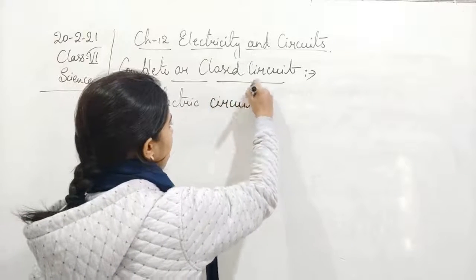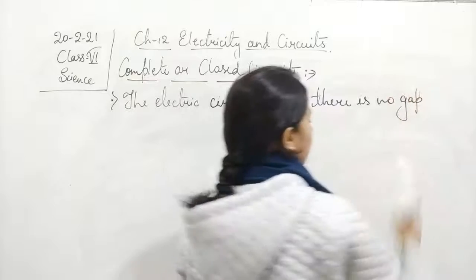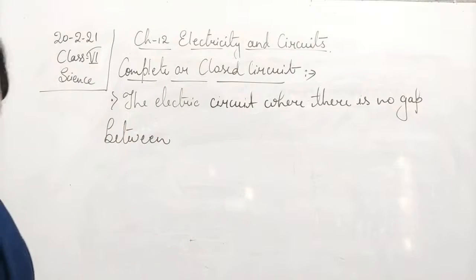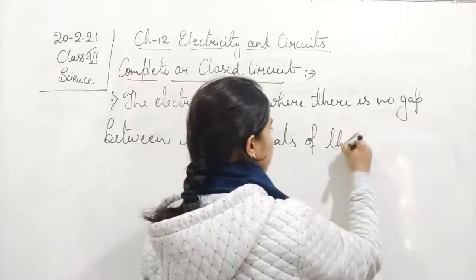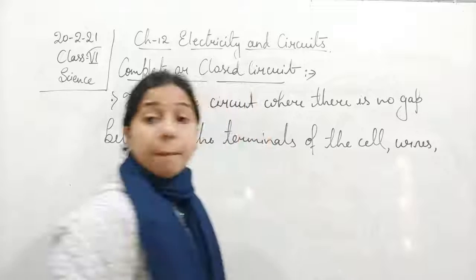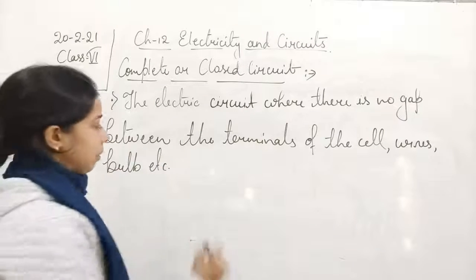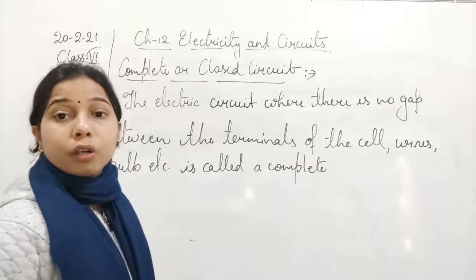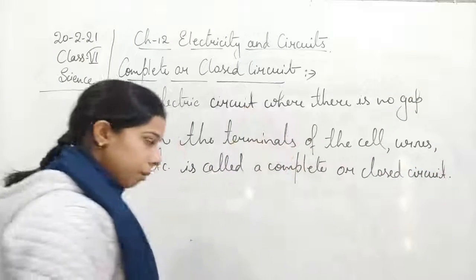An electric circuit where there is no gap between the terminals of the cell, wires, bulb, etc. is called a complete or closed circuit.